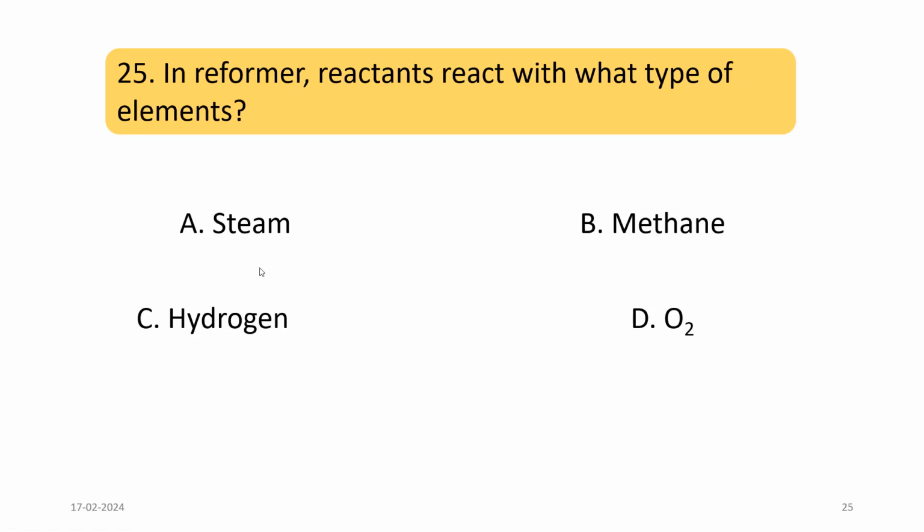Next question is, in reformer, reactants react with what type of element? Suppose there is a reactant, any kind of reactant. If we say that a reforming reaction is happening of that particular reactant, what does that mean? So that is what I have asked.